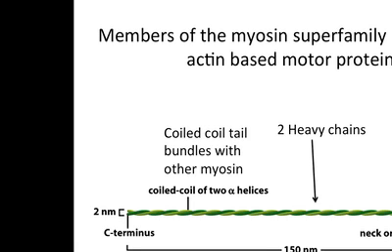And then that coil actually will bundle with other myosin, the contractile myosin that you're familiar with from muscle contraction, myosin 2. And then the C-terminus is where your tail would be if you were going to be interacting with some other cargo.